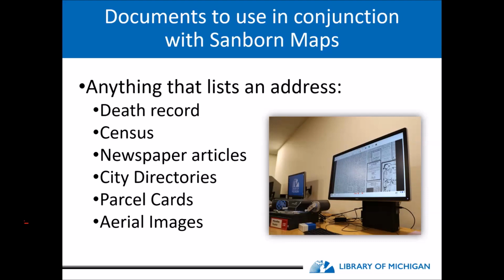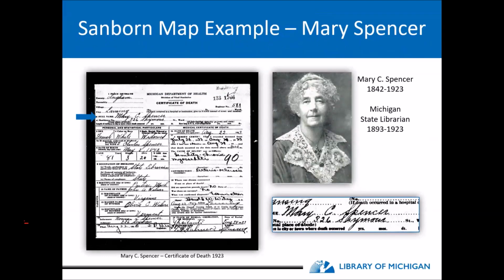that you're constructing. Here's a really good example that Adam put together, using Mary Spencer, a state librarian, 1842 to 1923. We have the death certificate on the left. If we zoom in on the image right below her photo, we have the address, 326, I think that says Seymour. Sycamore?